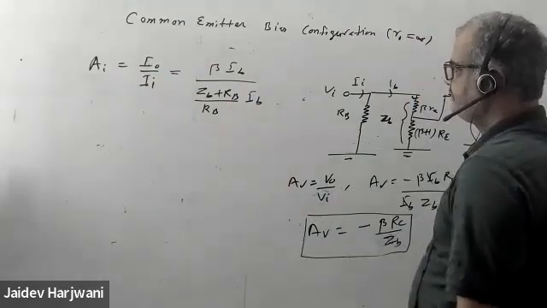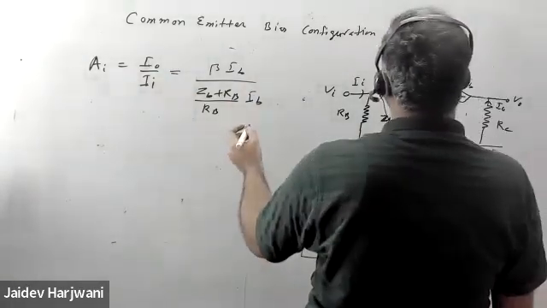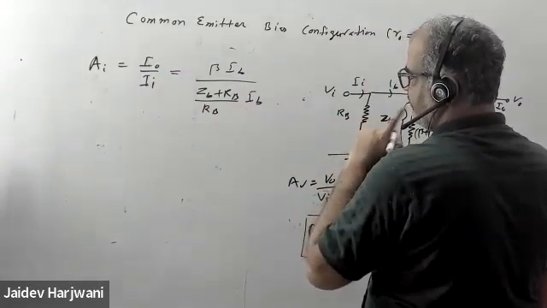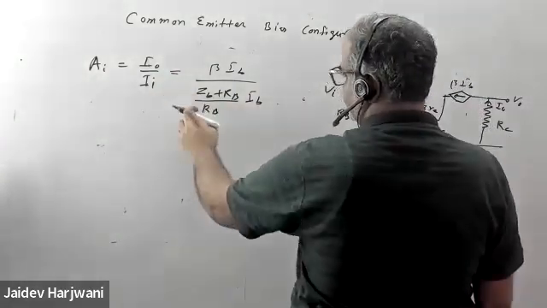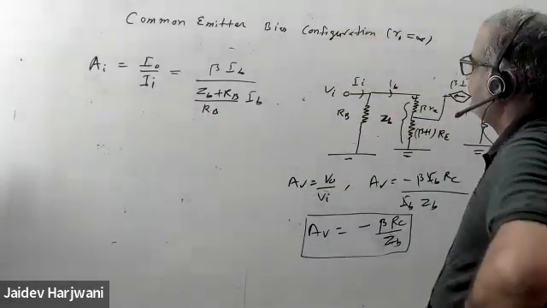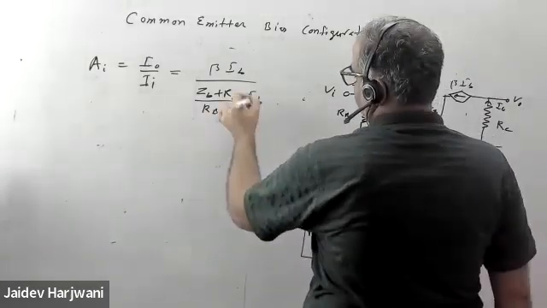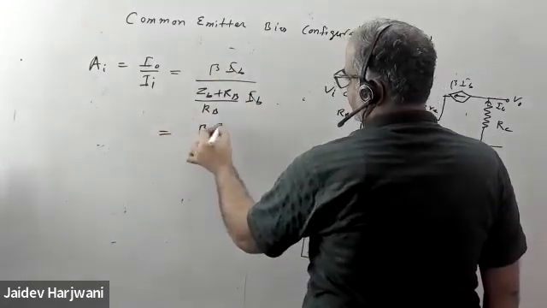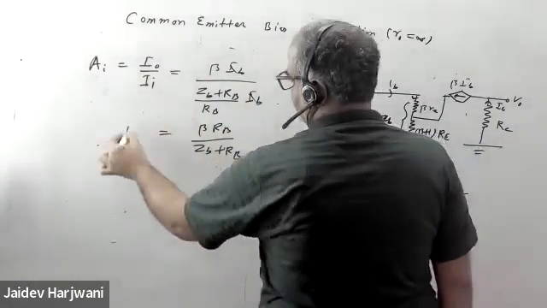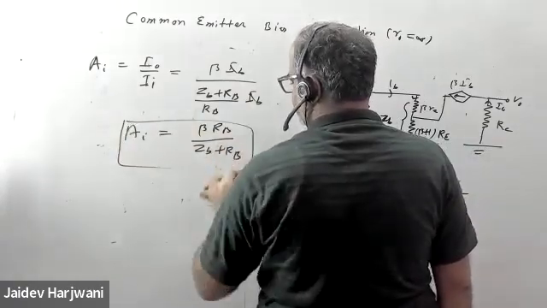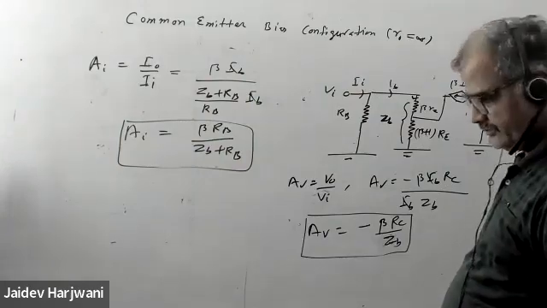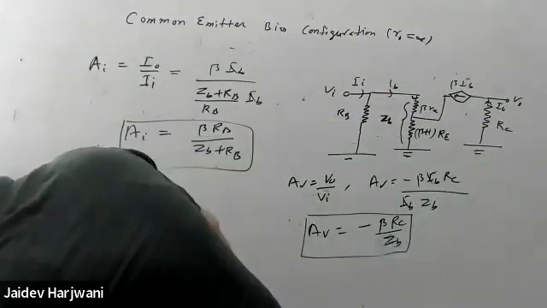So IB will cancel out. Is this the correct formula? I input का यही था क्या? Yes, sir. Okay. So this will become beta RB upon ZB plus RB. So this is your gain formula.